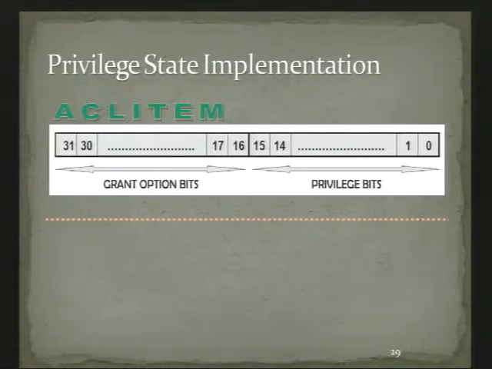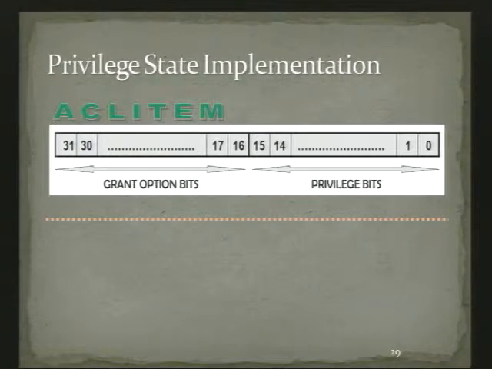Every privilege, like the select privilege, has a particular bit mask, and the same position in the grant option bits specifies whether that particular privilege is grantable or not. So very nice, but of course this is only possible if you have just 16 privileges.